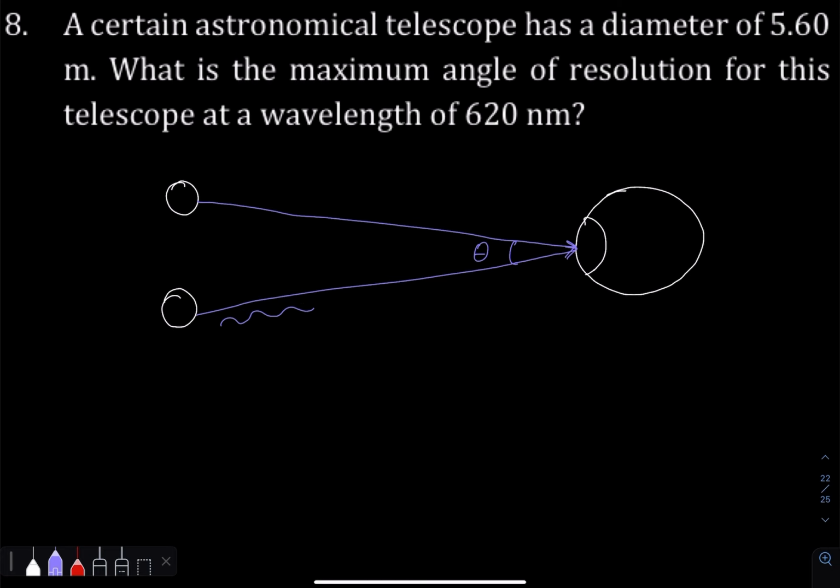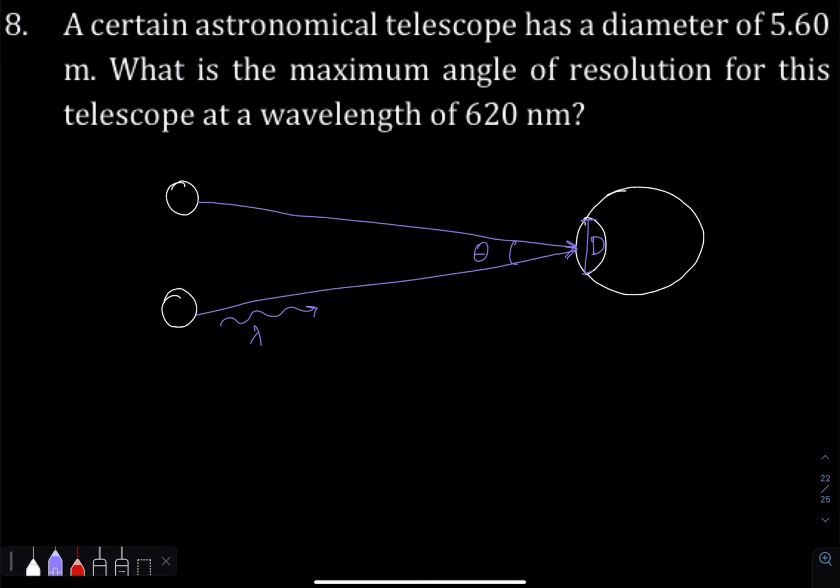Light is a wave, right? And it's going to have a certain wavelength. And then there's going to be the diameter of your eye. That's another variable in this equation, the diameter of your eye.